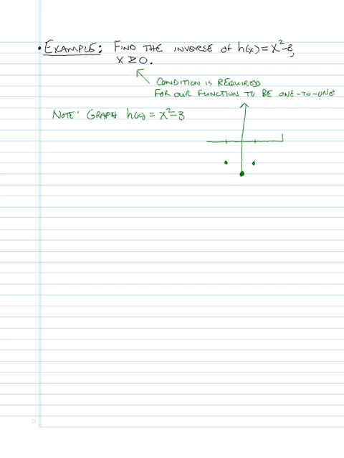And then if x was 2, okay, then y would be what? 4 minus 3, or positive 1, which would be here. And if x was negative 2, then y would be 4 minus 3, which is positive 1. That would be here. And so our graph would look something like this.